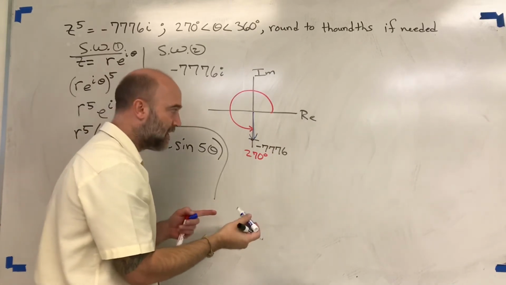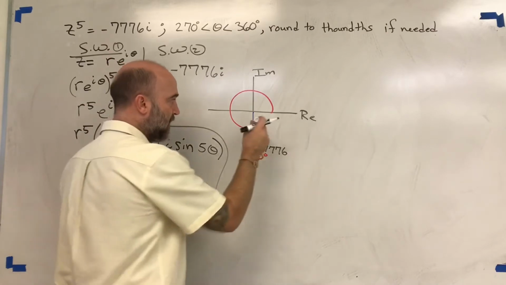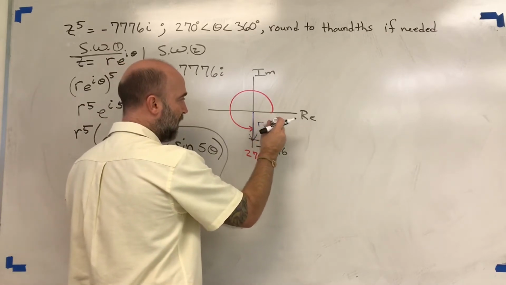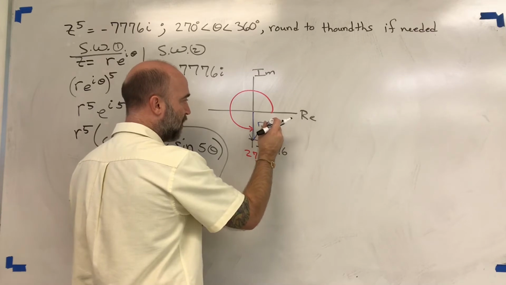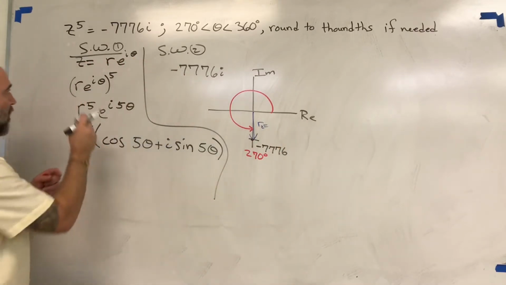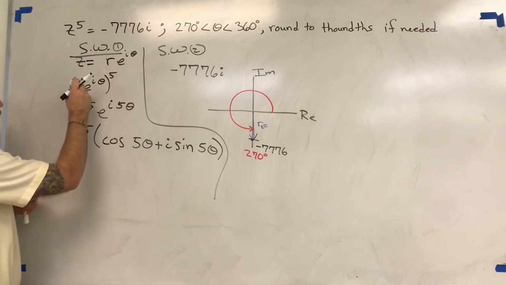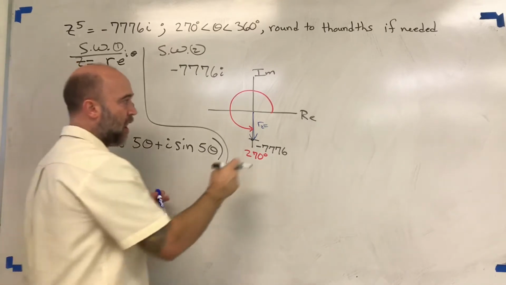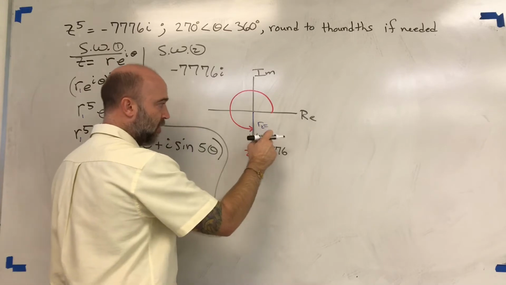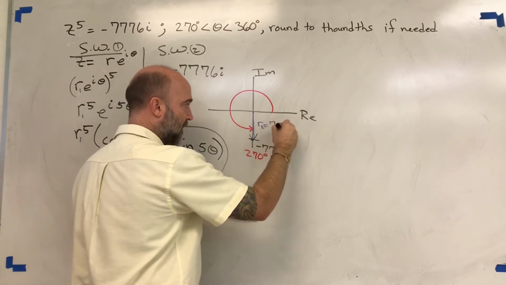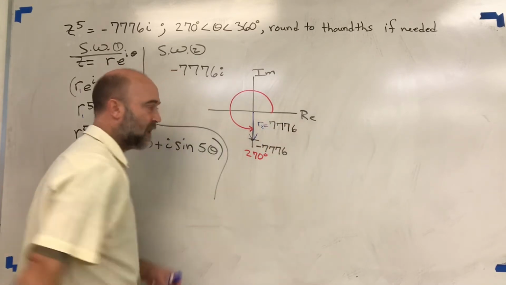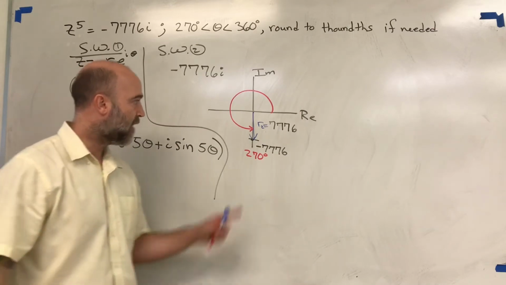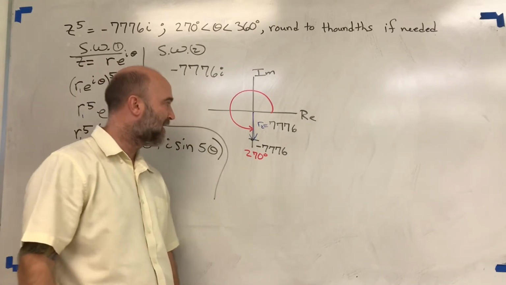We're talking about distance, not where it lands. So that distance right there, I'll call that r2, and I'll call the earlier one r1. This r2 is 7,776 units long. And then we have the argument of 270 degrees.